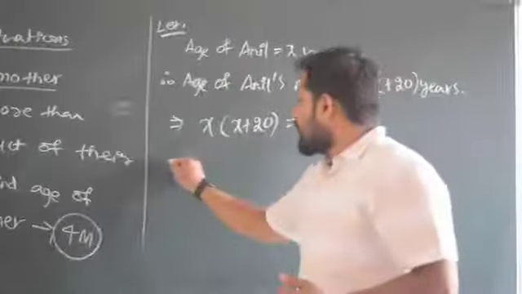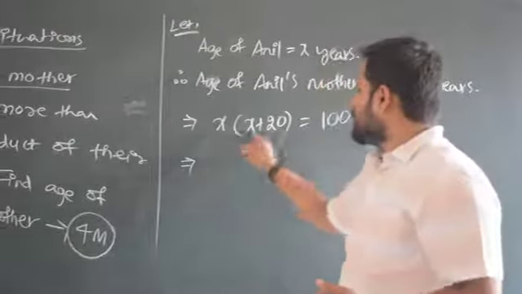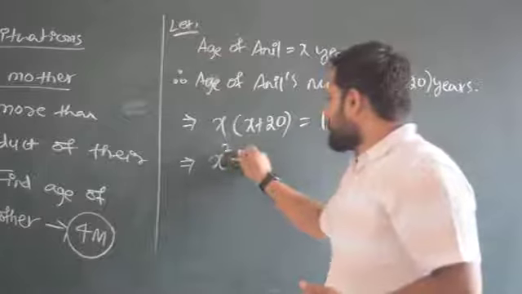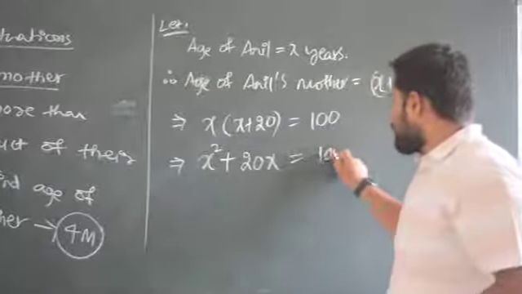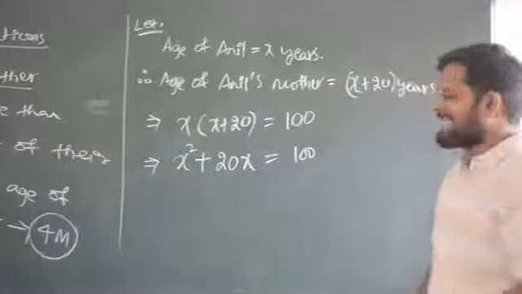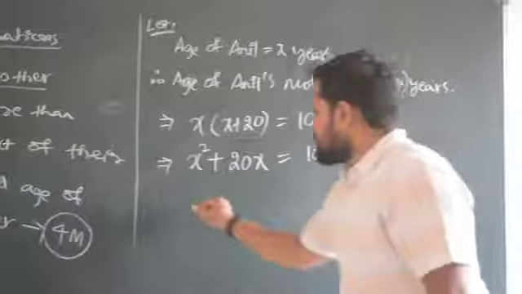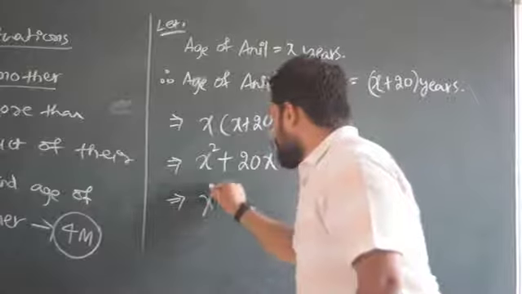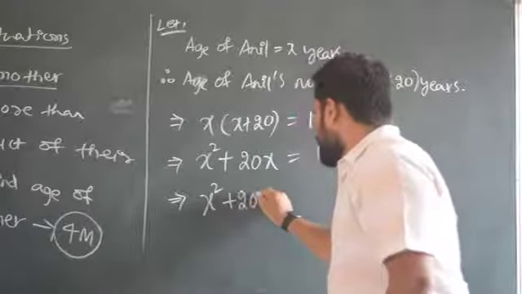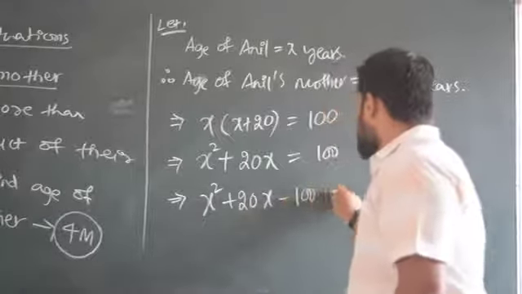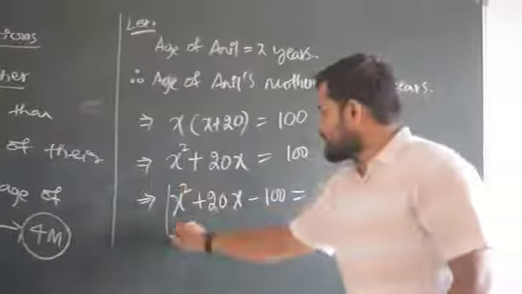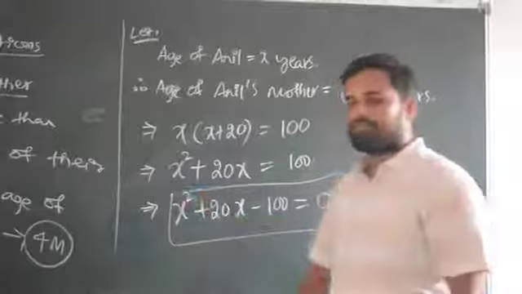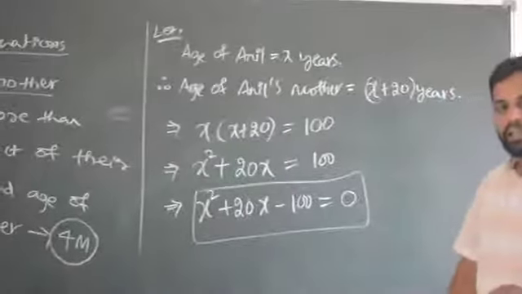Now this situation can be converted as x into x is x square, plus x into 20 is 20x, that is equal to 100. Is it clear? Now x square plus 20x minus 100 is equal to 0. Now what is this? This is a quadratic equation. Now do you know how to solve this quadratic equation?